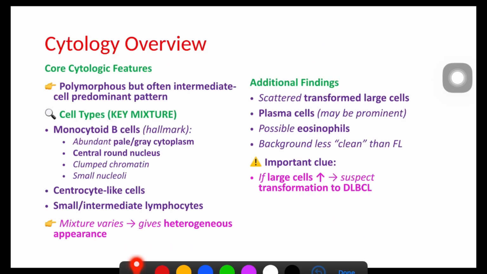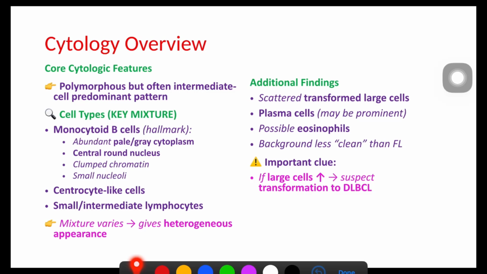So cytologically it is polymorphous, but often an intermediate cell predominant pattern may be seen, and the cell type is monocytoid B cells with pale gray cytoplasm, central round nucleus, clumped chromatin, small nucleoli and centrocyte-like cells, along with small intermediate lymphocytes.